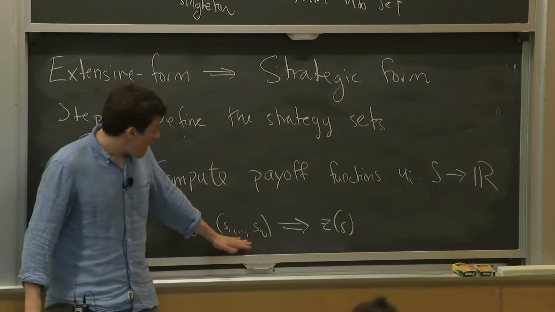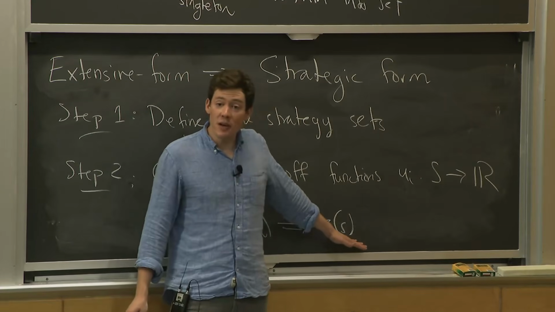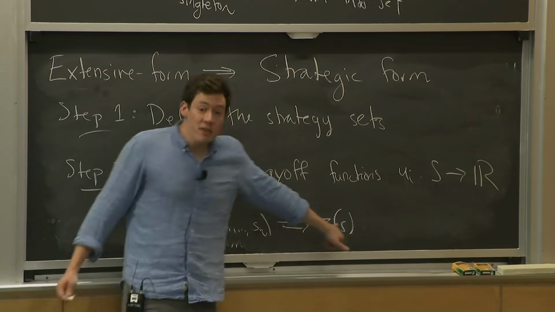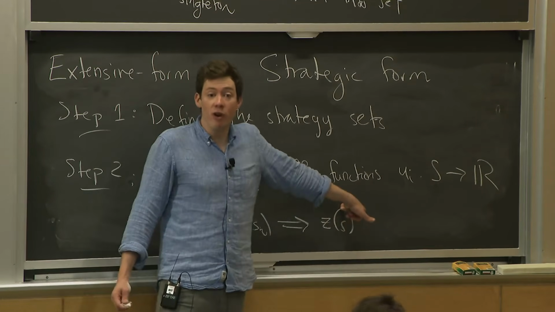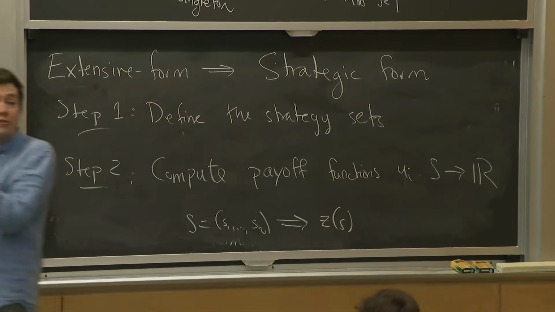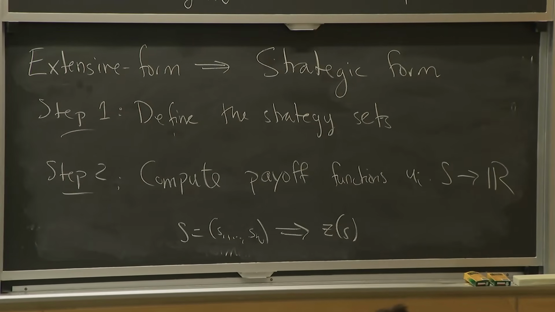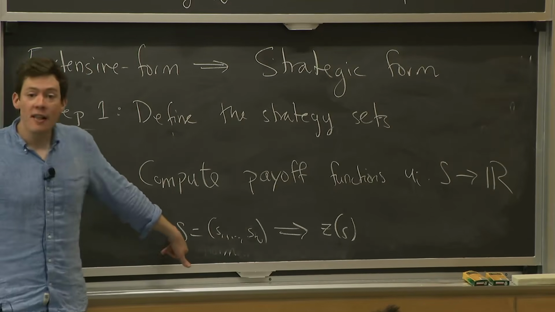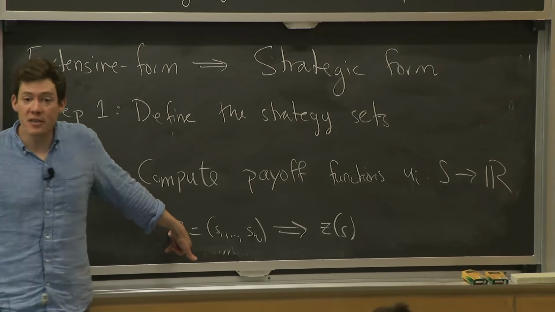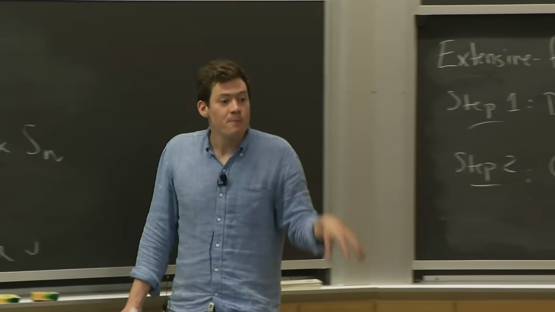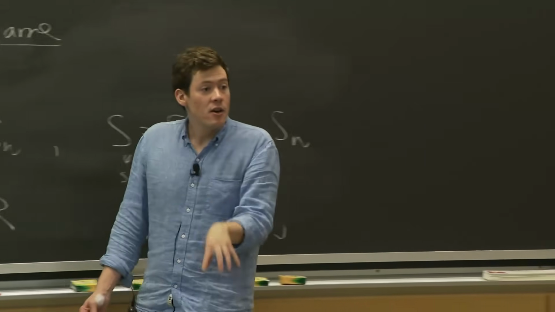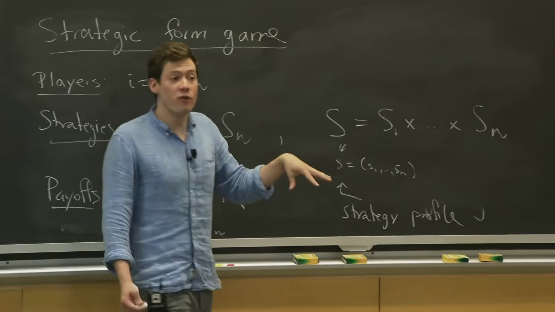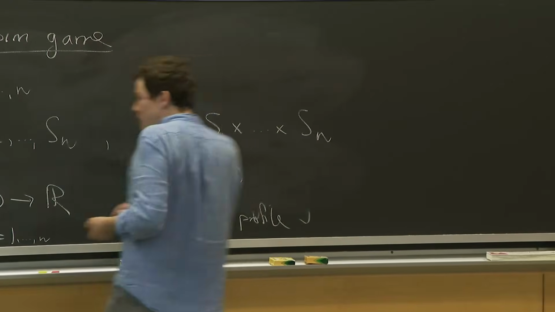But a strategy profile induces a lottery over consequences. And once we can compute that lottery over consequences, we can compute each player's expected utility from that lottery over consequences. Because remember, we've already defined utilities over consequences. And that expected utility is going to be the new definition of the new utility function that we assign to this strategy profile. So we'll do an example, but the step is a strategy profile determines a lottery over consequences, which allows us to compute expected utilities, and those are going to be the payoffs in our strategic form game. So let's do an example.